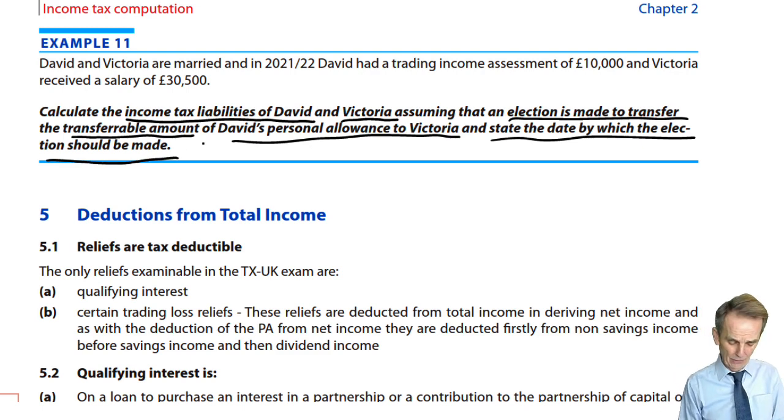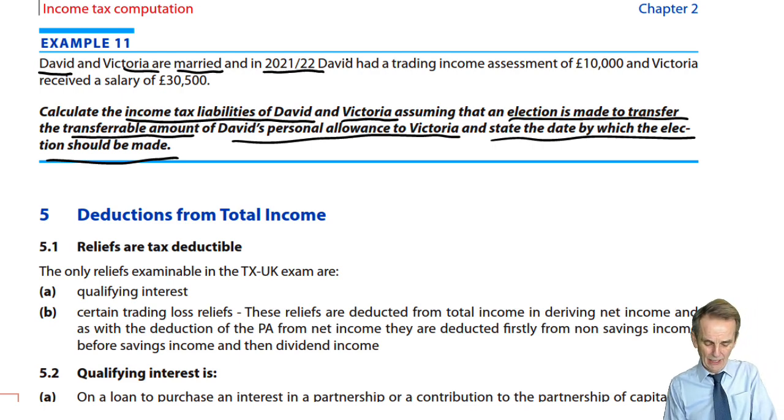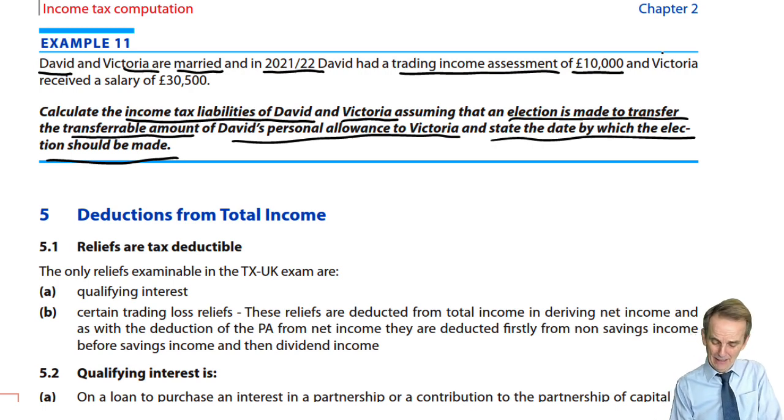Okay, the brief information in the question about our happy couple, David and Victoria. David and Victoria are married, and in the 21-22 tax year, David had a trading income assessment of £10,000. Not very likely, is it? Probably several more noughts on the end of that for the David that I'm thinking about anyway. But this David has got £10,000 of trading income assessment, and Victoria has got a salary of £30,500.